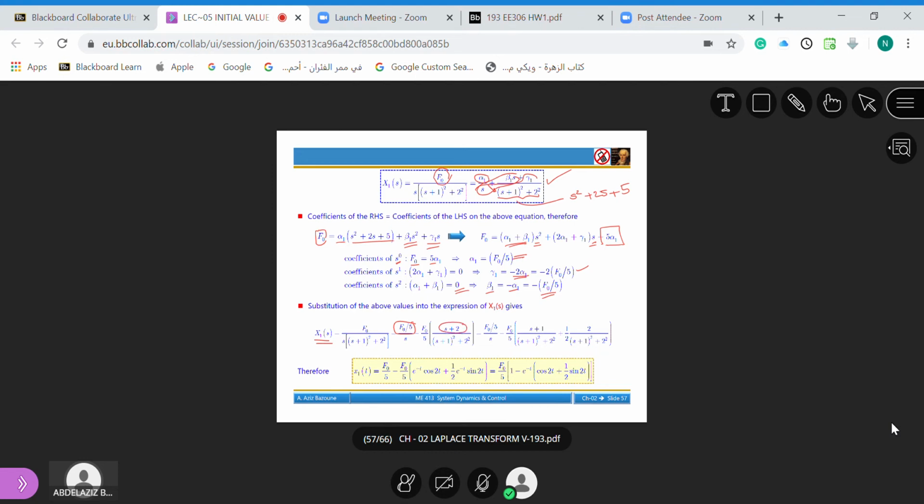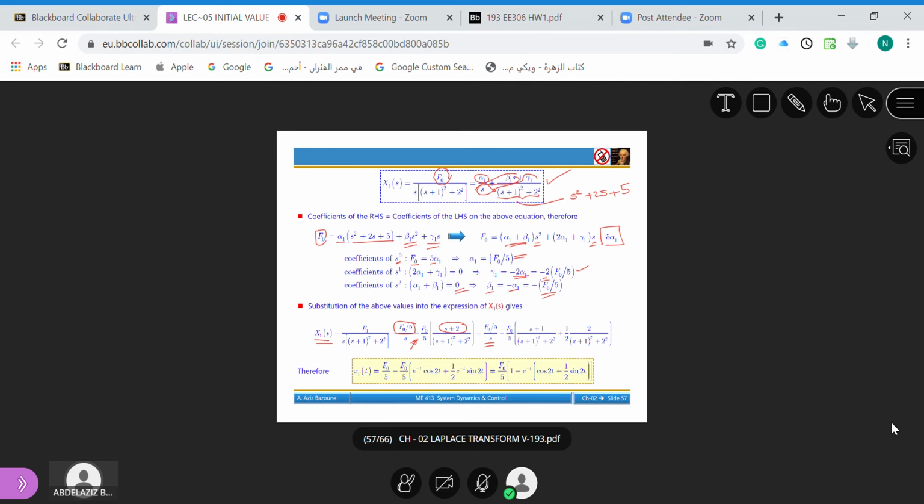And then this is minus here, if you see, this is what we found. And we found gamma 1 and beta 1. So if we take minus common, this one will be minus 2 f naught over 5 for gamma 1, and beta 1 will be simply minus f naught over 5. So this will stay as it is.